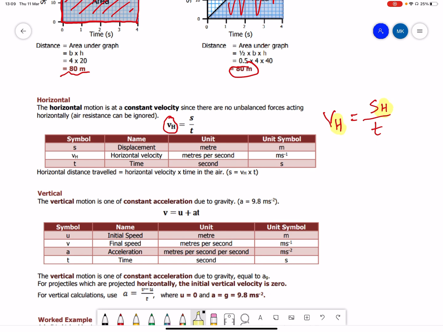Horizontal must go with horizontal. So if you're trying to calculate the horizontal distance, you need the horizontal speed times time. Again, horizontal is in both these equations.